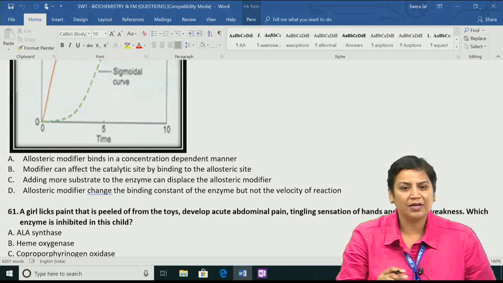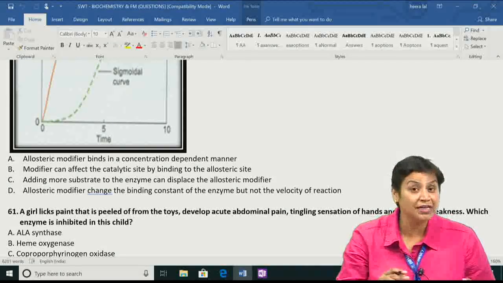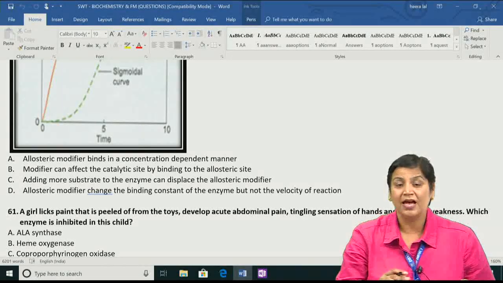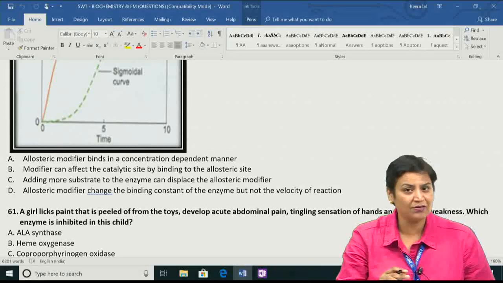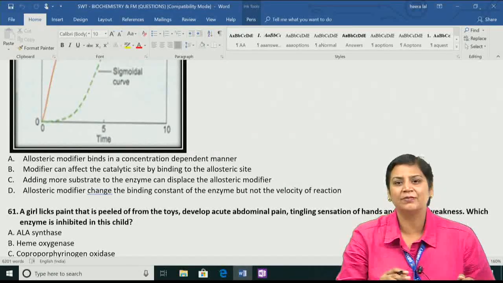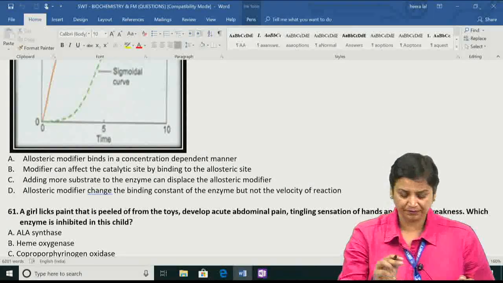Adding more substrate to the enzyme can displace, and allosteric modifier changes the binding constant. No, so the answer is B. Modifier can affect the catalytic activity by binding to the allosteric site, and it always has a sigmoidal curve and it never follows Michaelis-Menten kinetics.